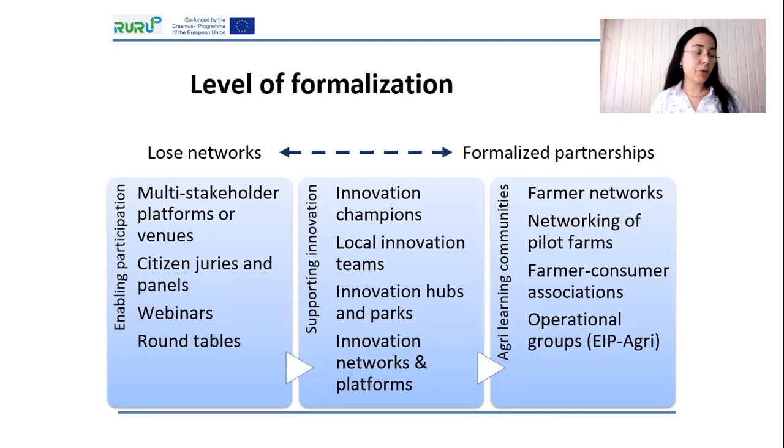And this can vary from very loose networks, so we know some people, we get in contact, meet with them, discuss the issues, to very formalized partnership where we set up a specific organization, we set up rules of procedures for this organization. We may choose a board of directors or whatever the formal organizational needs are.